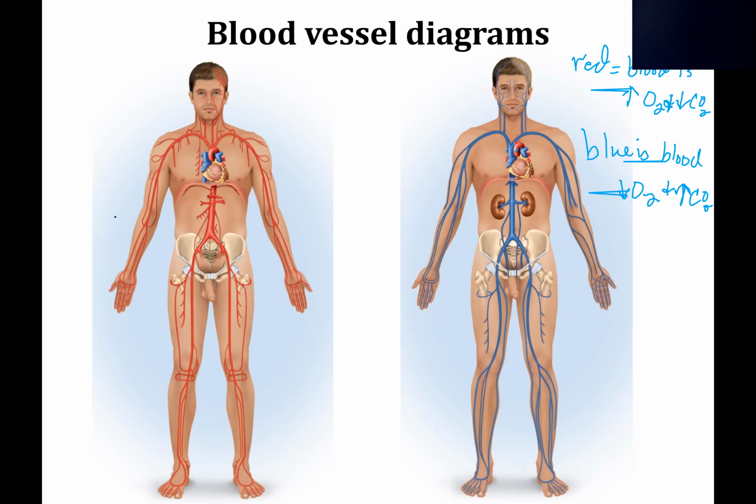So all arteries are going away from the heart. So the heart is here. We're going to go out towards the hands, and we're going to go down in the abdomen and down each leg.